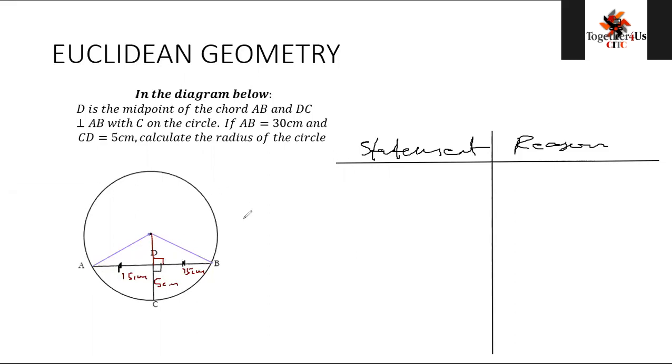Now, what's important is to note that the radius of this circle, R, is the line, let's name this O, so it's the line OC. Now, I don't know what this value is, so I'll just put an X there. So you can see it is X plus 5. That's what my radius is.